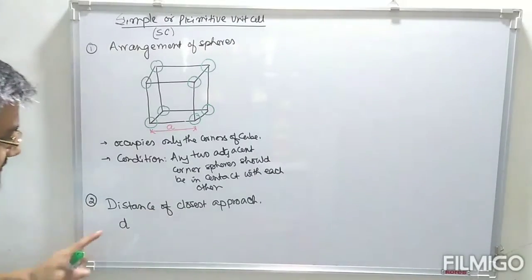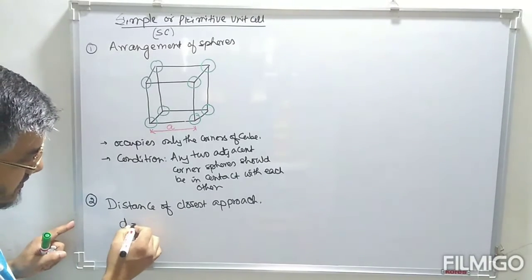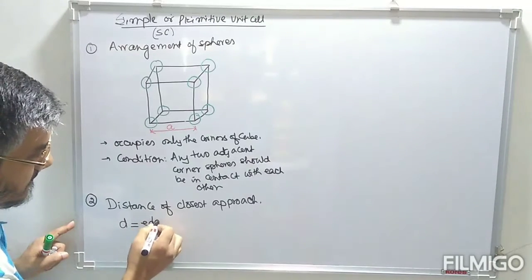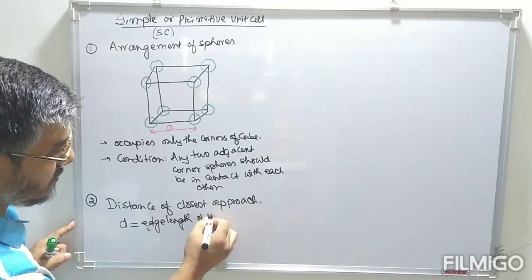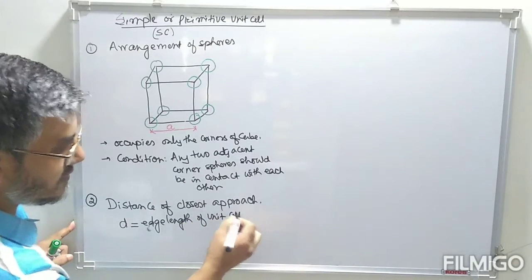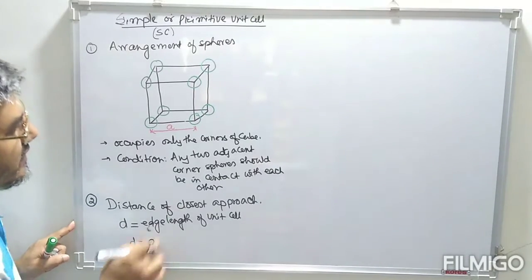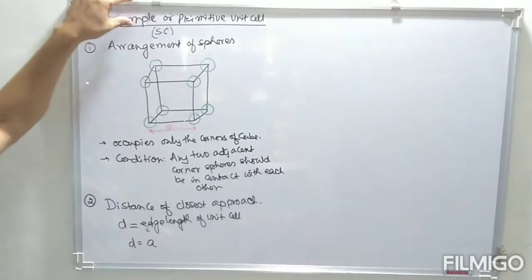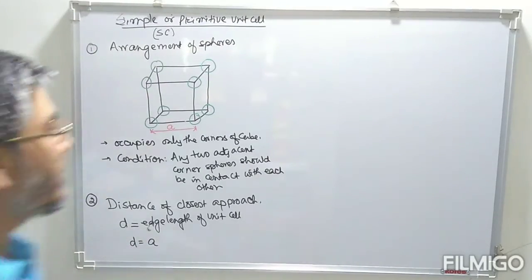So the closest distance, denoted D, is equal to the edge length of the unit cell. So D is equal to a, if a is the edge length of the unit cell. So the closest distance between any two spheres in a simple or primitive unit cell is equal to the edge length a.